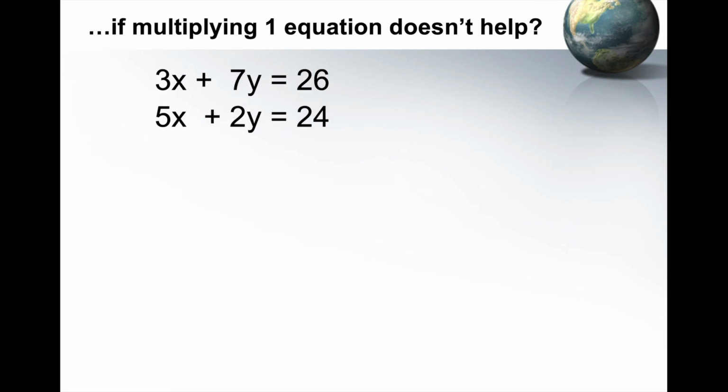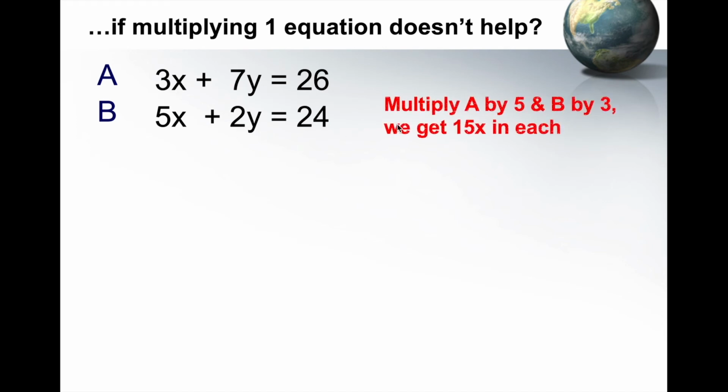Right, now let's move on to this example. Notice that if we want to eliminate one of the unknowns, either x or y, you need to multiply not only one but two equations with a certain number. In this case, I want to eliminate x, so I need to make x the same.